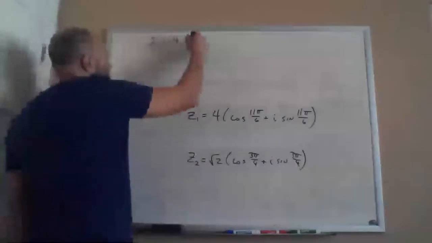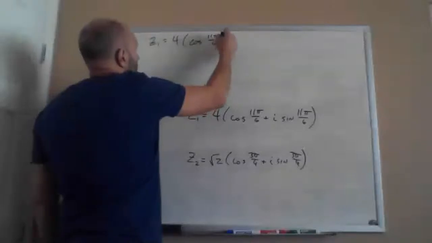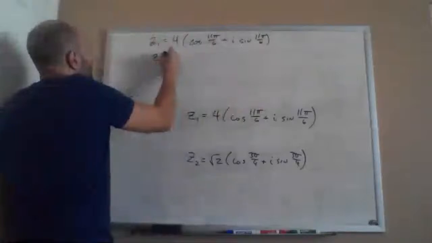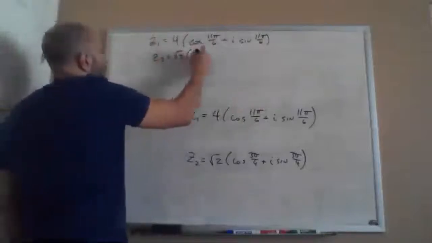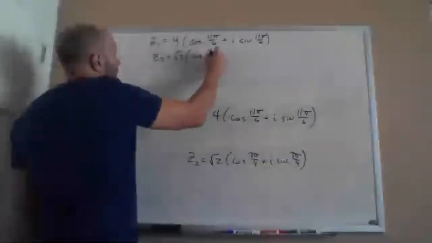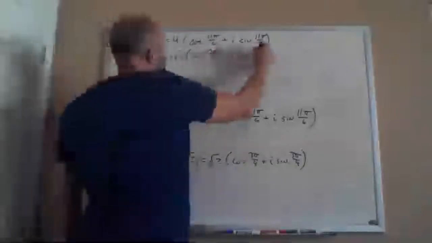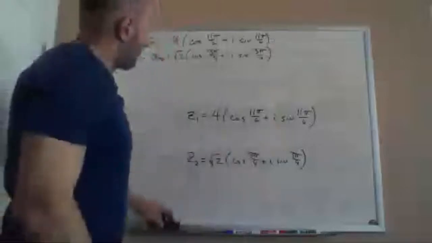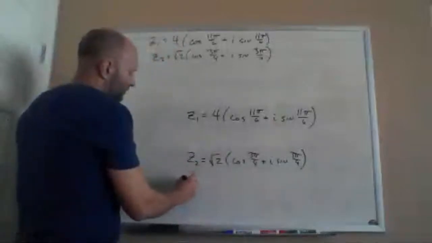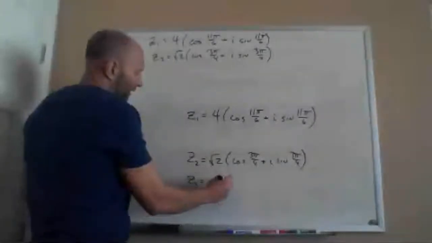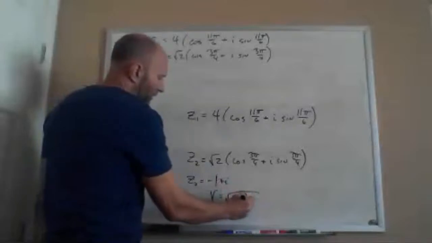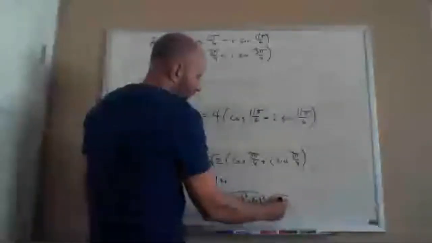Z1 is 4 cosine 11 pi over 6, and Z2 is root 2 cosine 3 pi over 4, I sine 3 pi over 4. So we got square root of 2 because our Z2 is negative 1 plus I. So our R is square root of negative 1 squared plus 1 squared. So square root of 1 plus 1, square root of 2.